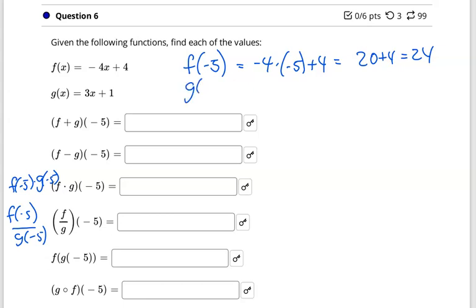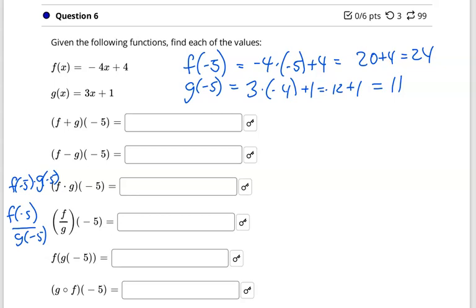All right, so I know what f of negative 5 is. G of negative 5 is equal to 3 times negative 4 plus 1, or negative 12 plus 1 equals 11. Be super careful on that first because you've got 4 problems that depend on using those. So make sure you got the right answer. G of negative 5.